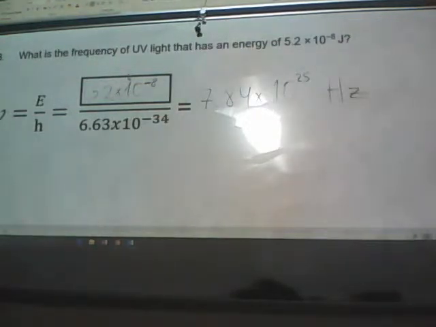This one. 6.63 EE 34 minus times 3 EE 8 divided by 6.47 EE 7 minus.